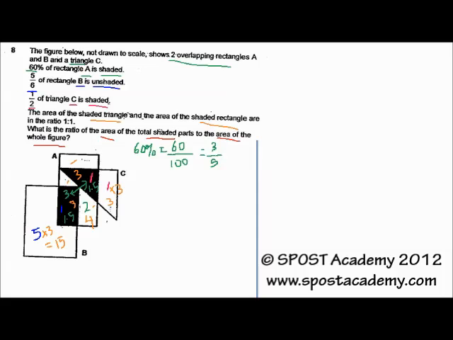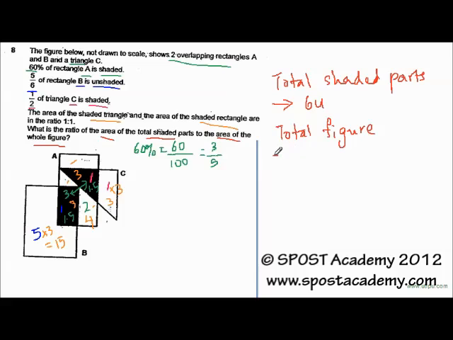The total shaded parts would be a total of the orange units, which is 3 plus 3, which is 6 units, while the total figure would be a total of 15 plus 4 plus 3 plus back the shaded part, which is 6. So 15 plus 4 plus 3 plus 6, and you will get 28 units.